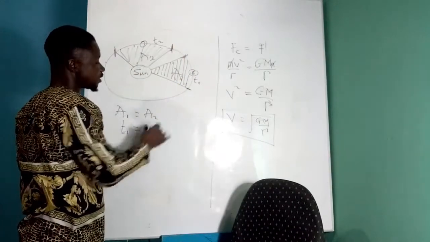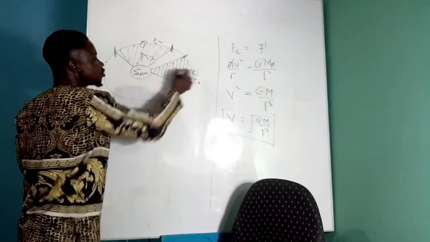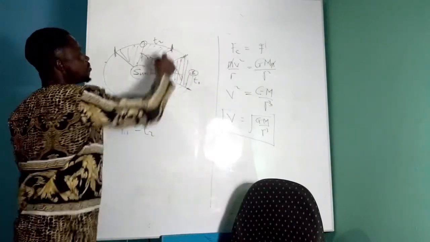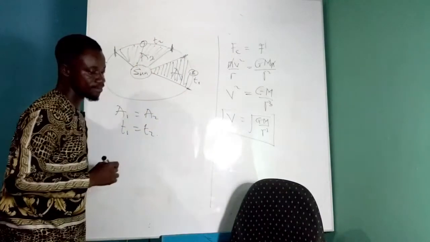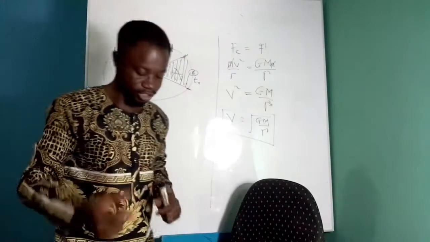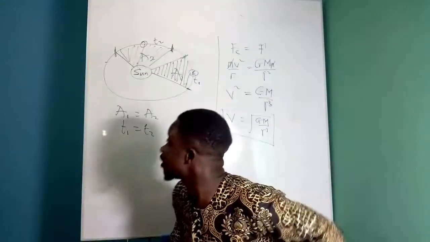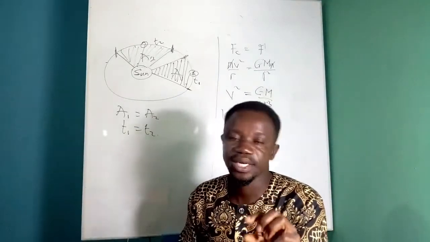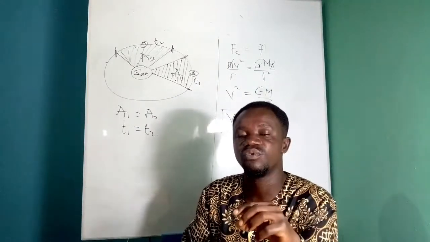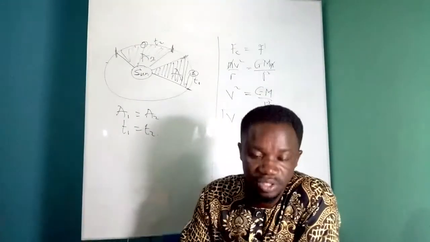What this means is that when the planet is far away from the sun, it moves slowly. But when the planet is closer to the sun, it moves faster. That is the interpretation of Kepler's second law of planetary motion. When the planet is closer to the sun, it moves faster. But when the planet is far away from the sun, it moves slowly.